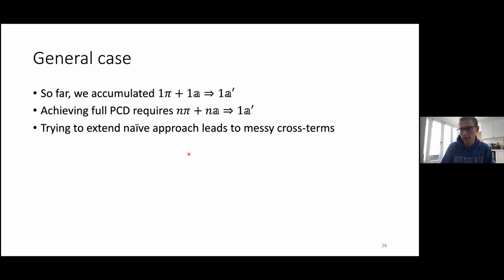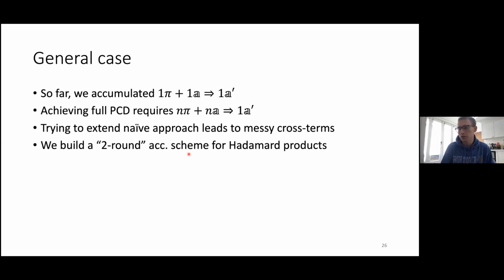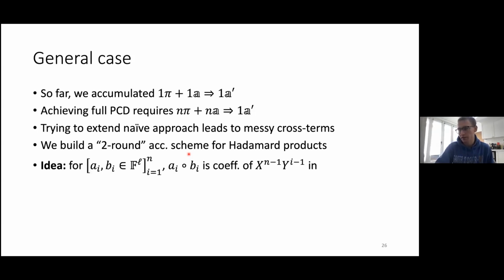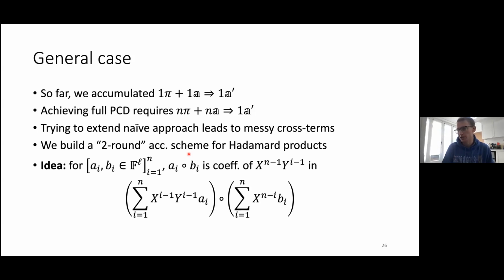If we just try to extend the naive approach, we get messy cross terms. But we can build a 2-round accumulation scheme for Hadamard products. To be honest, I'll skip over this. It's an idea very similar to something used in, say, the inner product argument paper, Bulletproofs and Sonic.